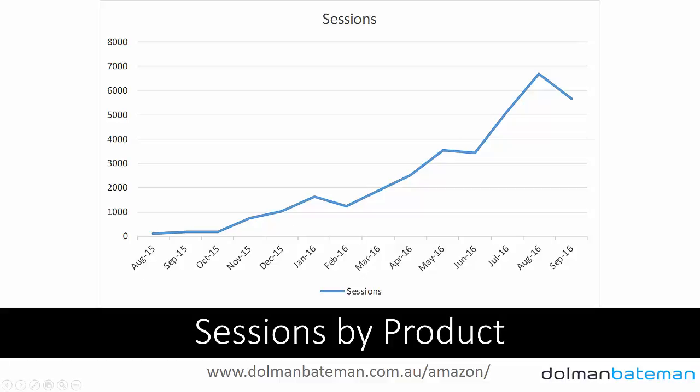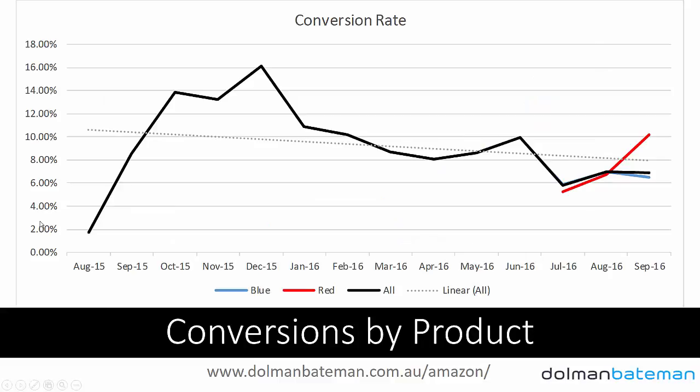But that's something I'll have to look at in future months. We can see the conversion rate is falling overall, but this initial conversion rate from October through to January was on pretty low volumes, and the conversion rate's basically stabilised at around 7%, which is low, but we'll discuss that later because we're still getting increased sessions.